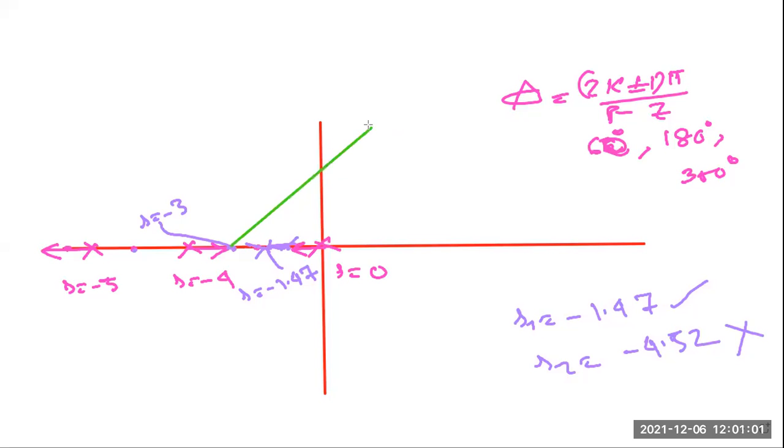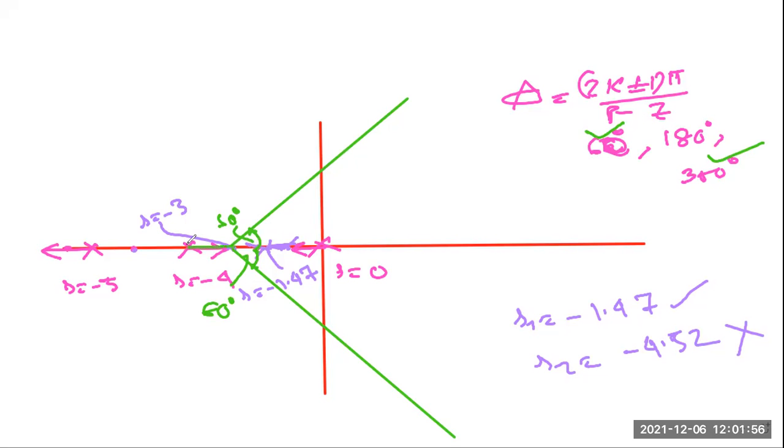Let us say this is the 60 degree line. 180 means this x-axis itself is an asymptote. Then 300 degree means -60, so another line at -60. These are the asymptotic angles we have taken. Now one root locus will start from here.